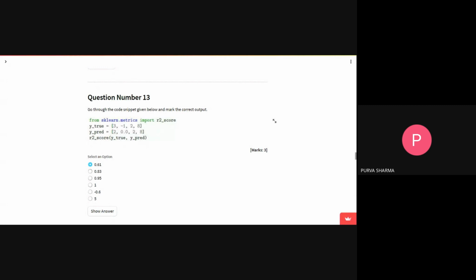You can look at it in the slides, because there is a slide dedicated to the sklearn.metrics module, and a lot of formulas are given there. You need to remember those formulas and then calculate if something like this comes up.